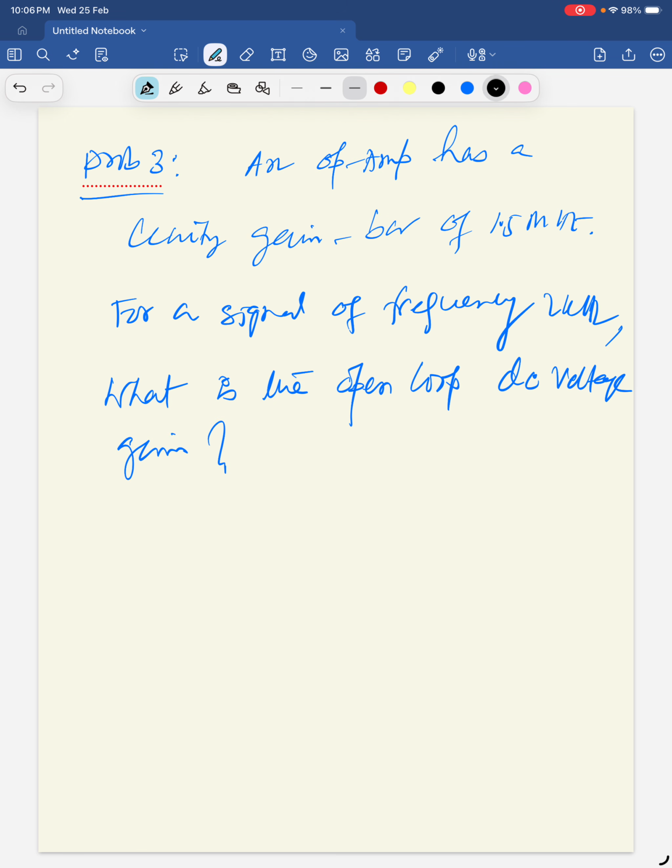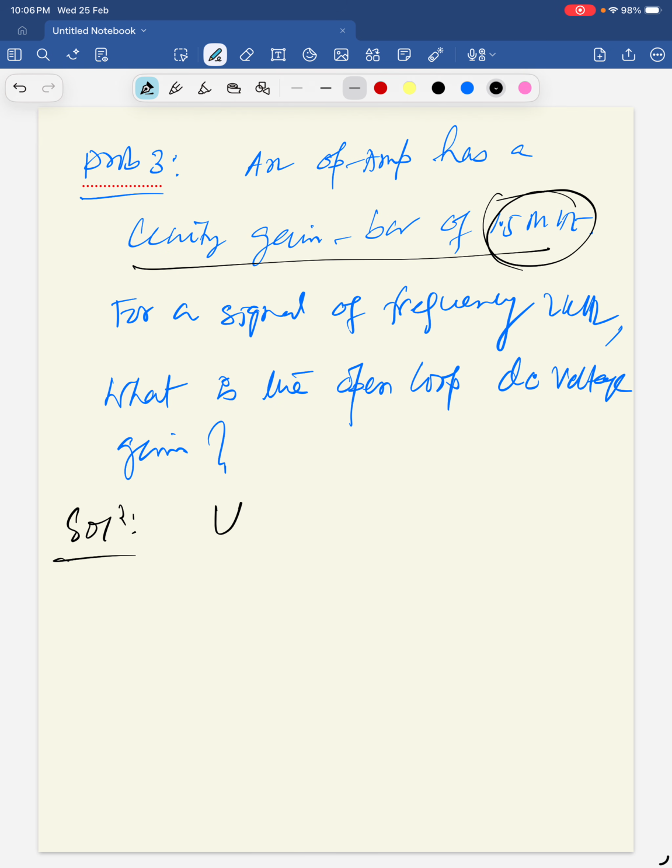So what is given? Unity gain bandwidth of 1.5 megahertz. Unity gain bandwidth, so solution.